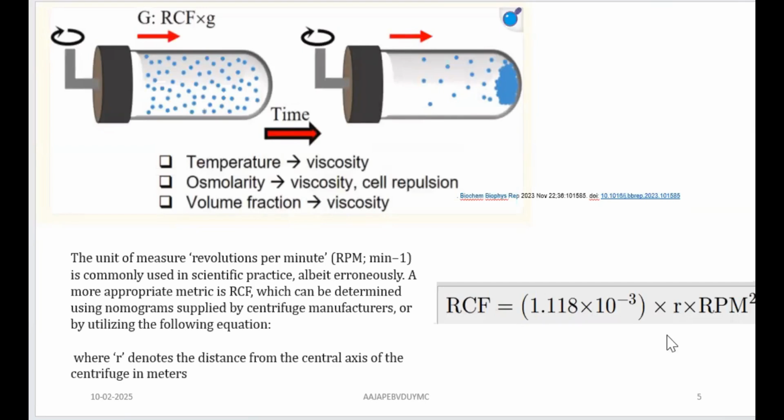So if you consider the relationship, it is very clear that since all the values are constant, the RCF depends on RPM and the radius of rotation, because this number is constant, right? RPM is the speed at which you are running it, and R is the distance of the sedimenting particle from the central axis. So this is the equation when we talk about RCF, right?